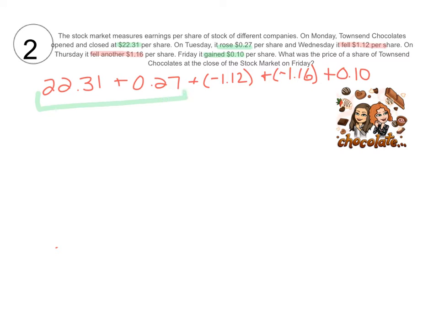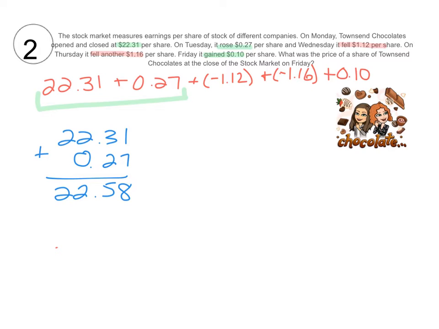So we're going to do this part first. We're starting with our first number and we're adding 27 cents. So 22.31, add, make sure you line up your decimals here and just add like normal. So we get 8, 5, 2, 2. All right, so for the first part, we get 22 and 58 cents when we add our first two numbers.